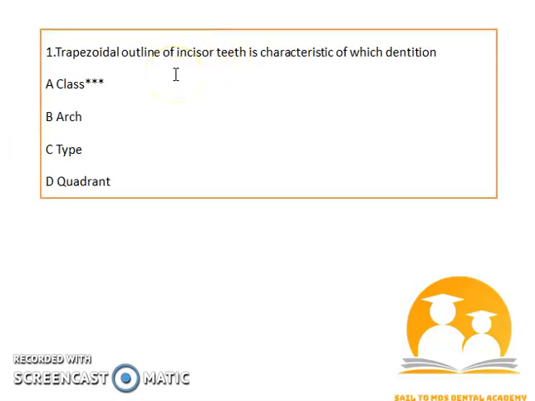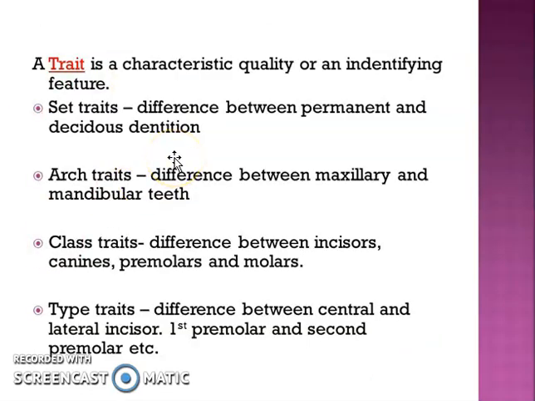The first question is, the trapezoidal outline of incisor teeth is characteristic of which dentition? The correct answer is class. Most often in dental anatomy we study traits. A trait is a characteristic quality or an identifying factor. We have four types. Set traits help us differentiate between primary and permanent teeth.